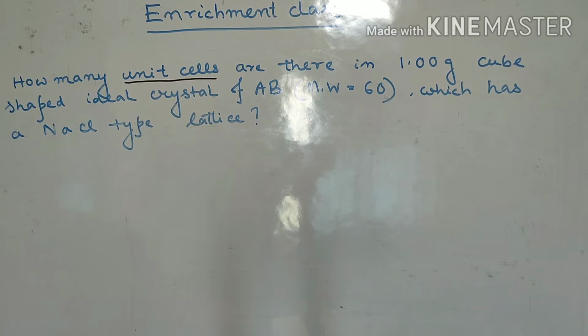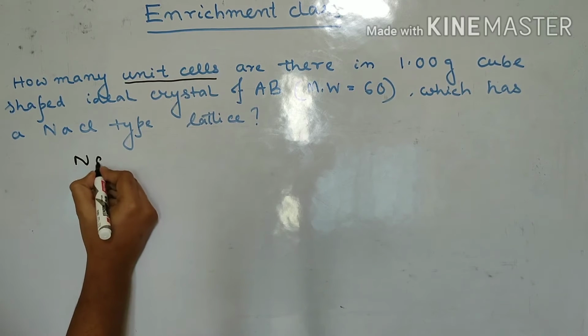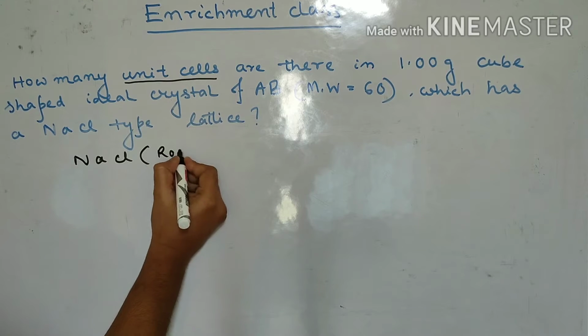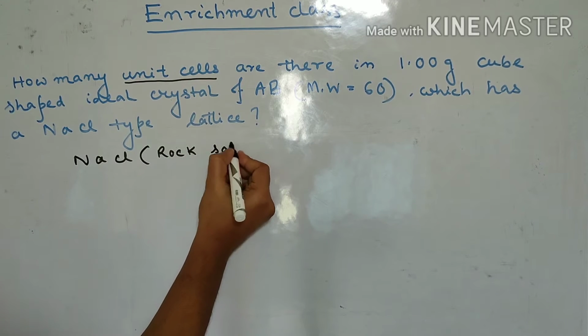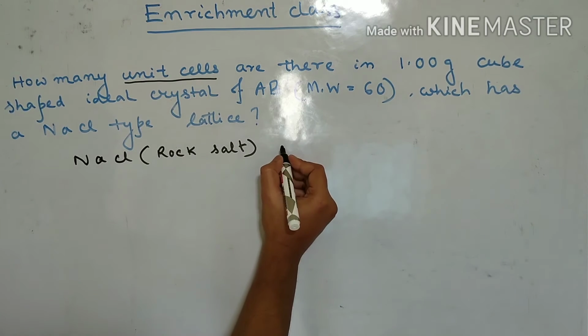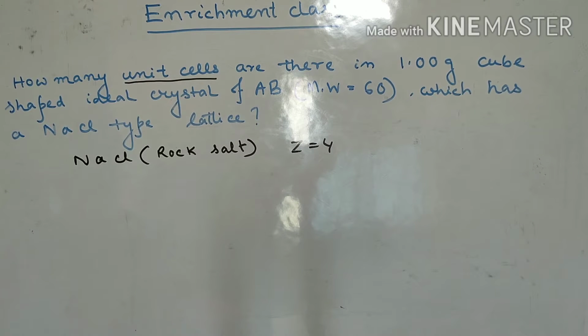We know that it is a NaCl type structure. If it is NaCl, it should be rock salt type. So obviously rock salt type means it is FCC, so Z should be equal to 4. That is the first thing.